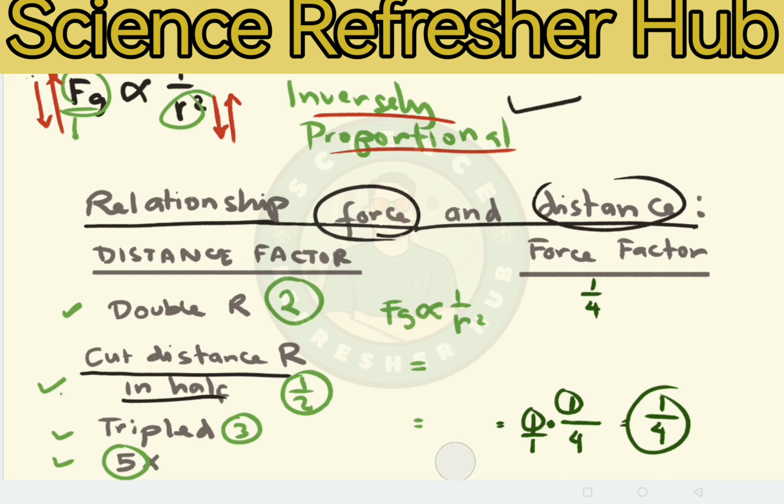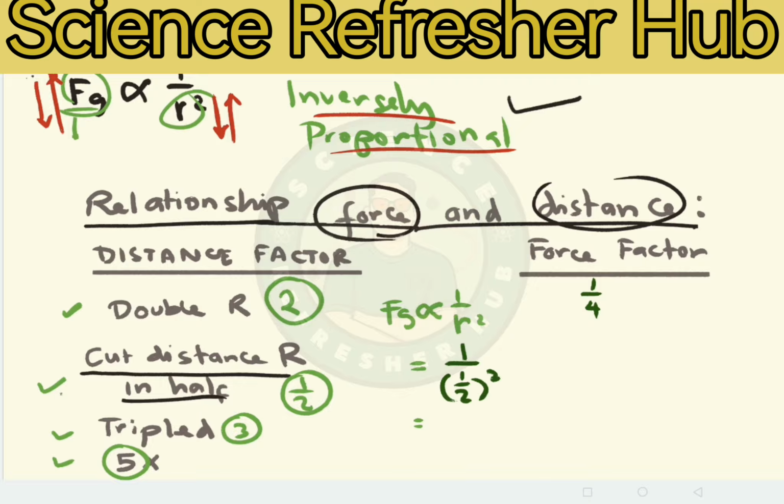So what about if we cut the distance into half? 1 over 1/2, and don't forget to square it. So 1 over 1 times 1, that's 1, and 2 times 2 is 4. So we divide 1 by that, make it a multiplication, and take the reciprocal, just flip the values.